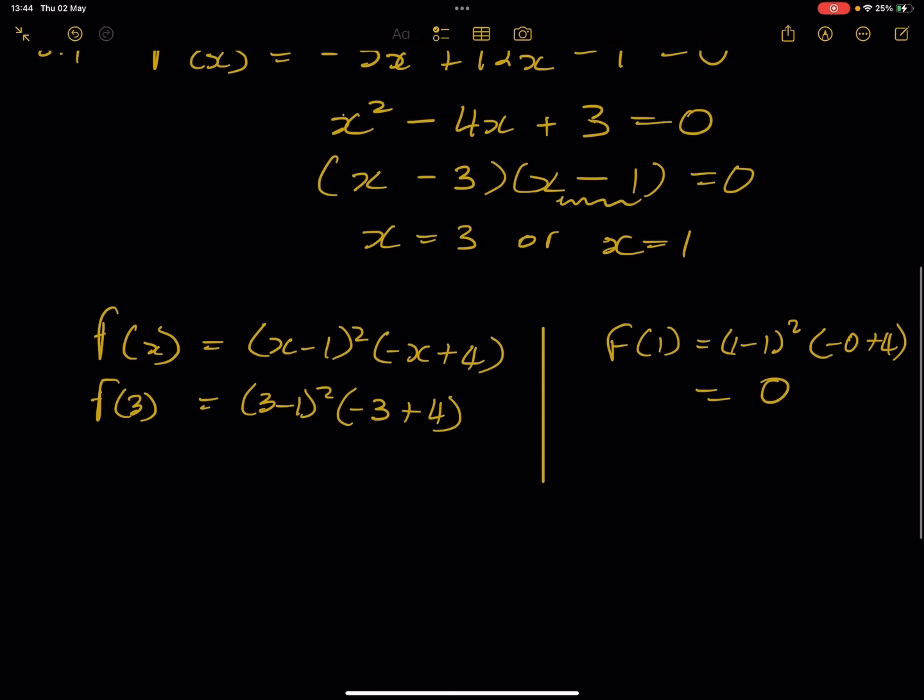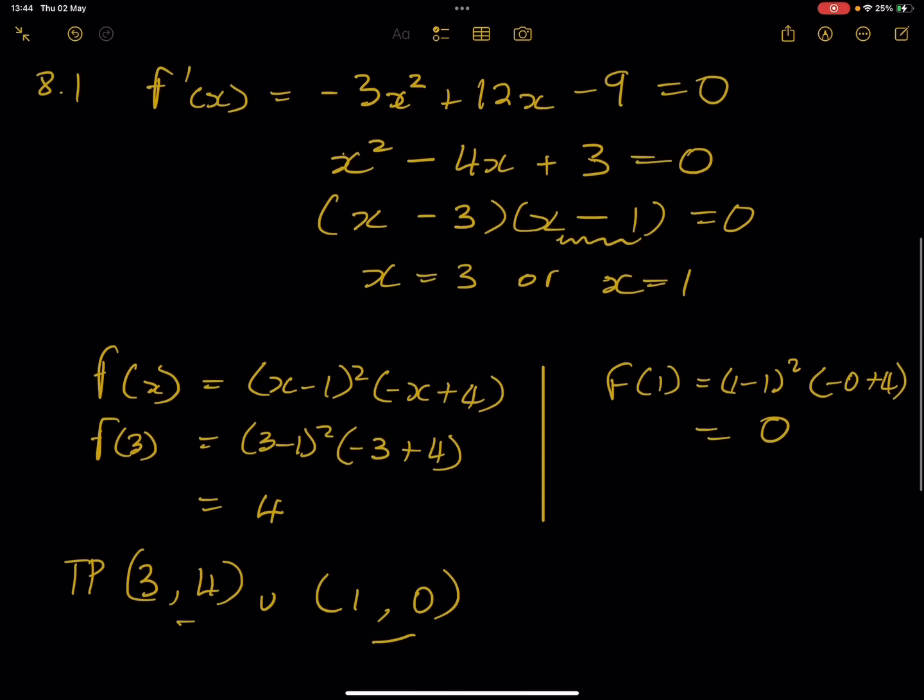All right, and the other one, so we've got 3 minus 1, which is 2 squared, times 1, so that should be 4. So we've got a turning point at 3 and 4, as well as at 1 and 0. Of course, this one is the first one, and that's the second one.